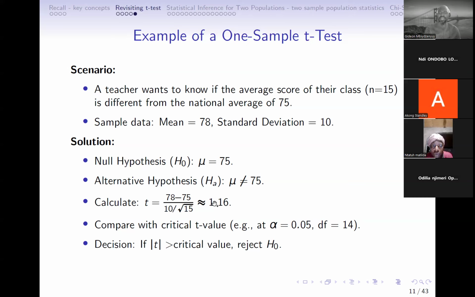And since we are looking at a 95% confidence interval here, or we set our alpha to 0.05, we would then compare with the critical value at that point for alpha equal to 0.05 with 14 degrees of freedom. Basically, we divide with the n minus 1 and the n is 15 here. And if the calculated t value is greater than our critical value, we reject the null hypothesis.